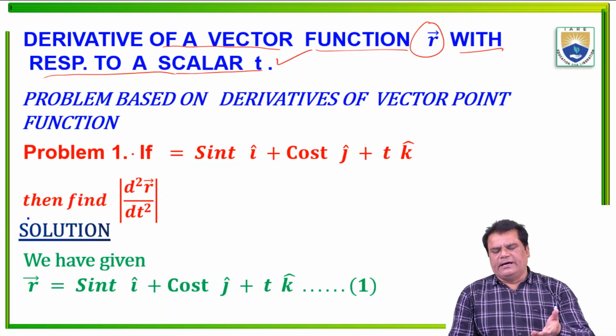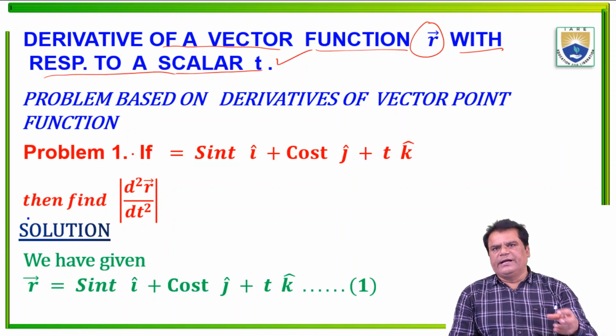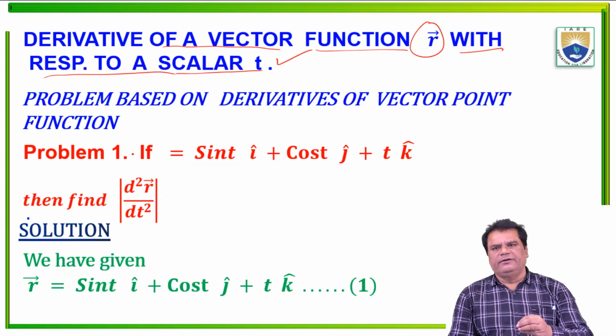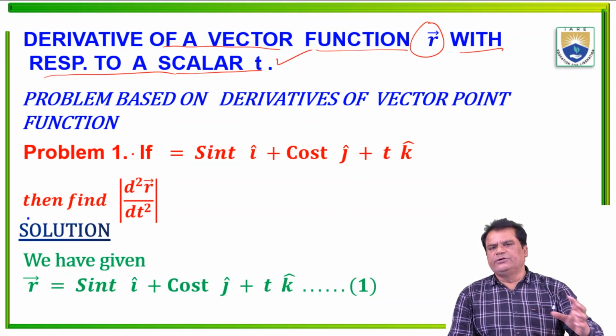We can differentiate more than one time with respect to t. So here we want to discuss a problem on how we can differentiate a vector function R with respect to a scalar t. That is an important and interesting question which I am going to solve.